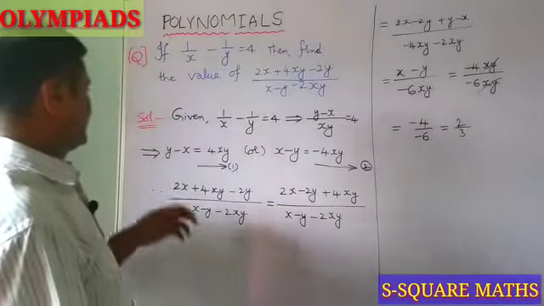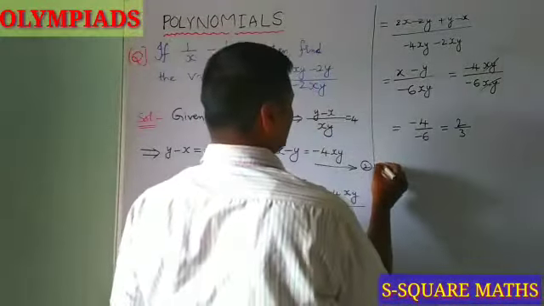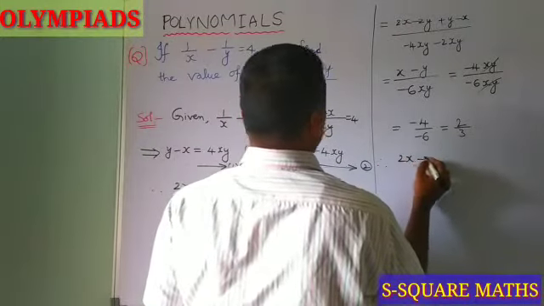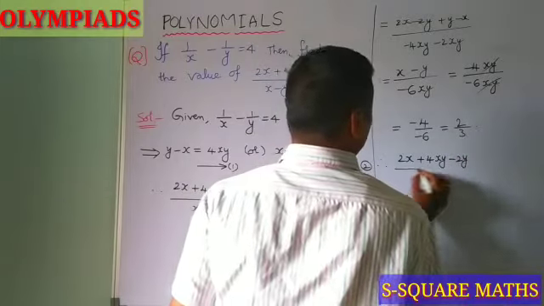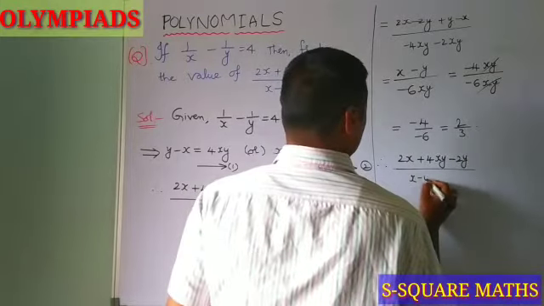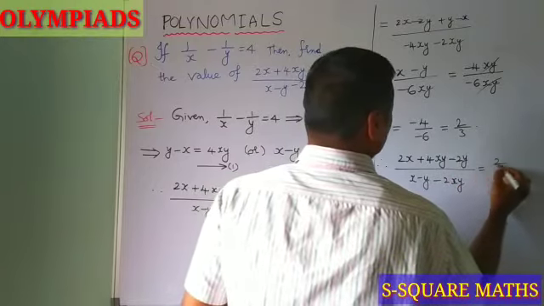So therefore, what is the value of our expression? It is 2 by 3. Therefore (2x plus 4xy minus 2y) by (x minus y minus 2xy) gives you 2 by 3.